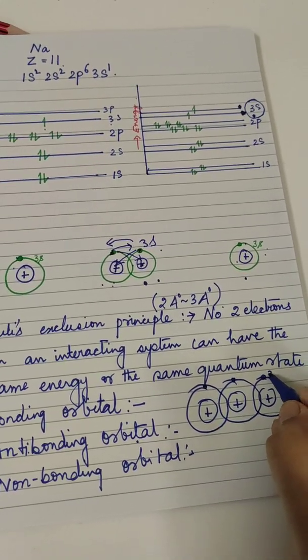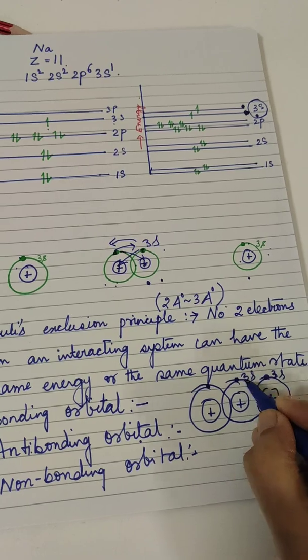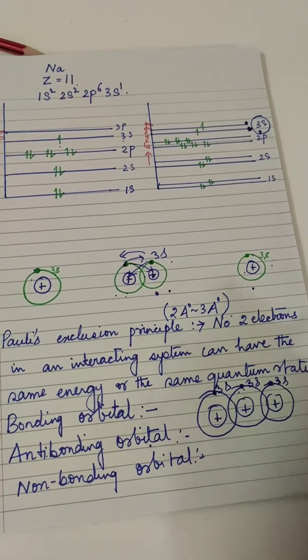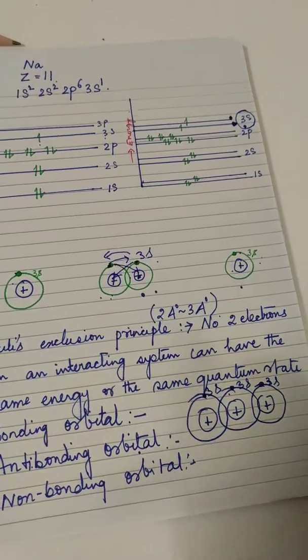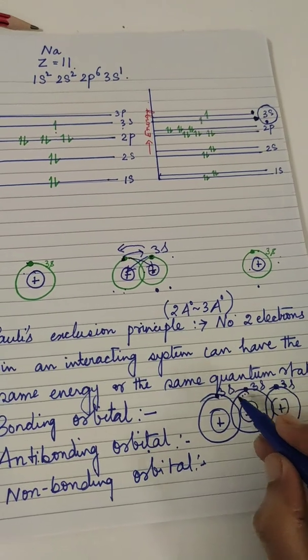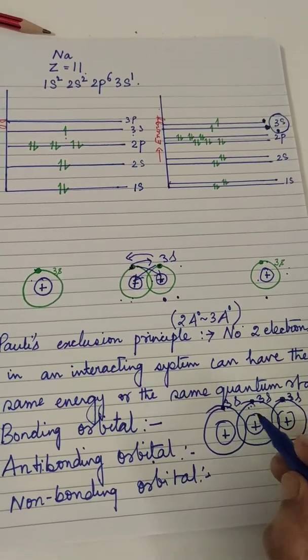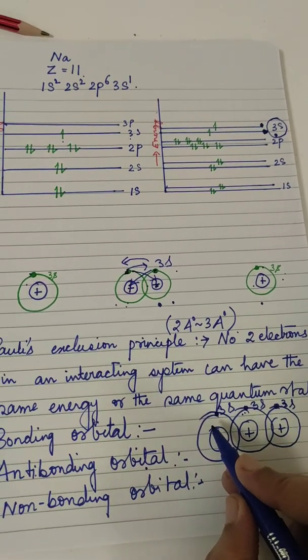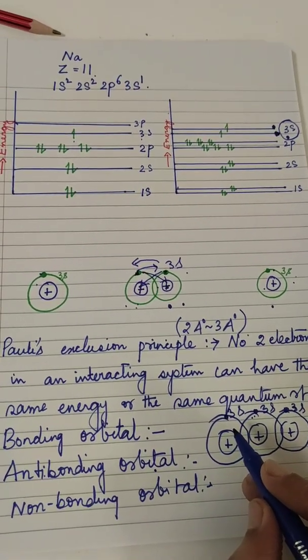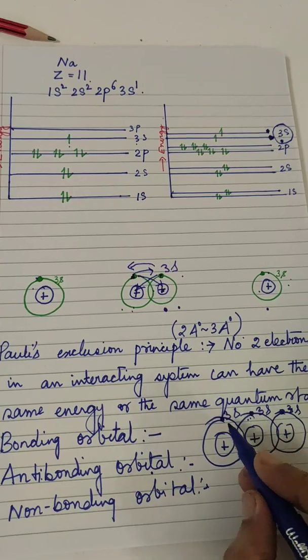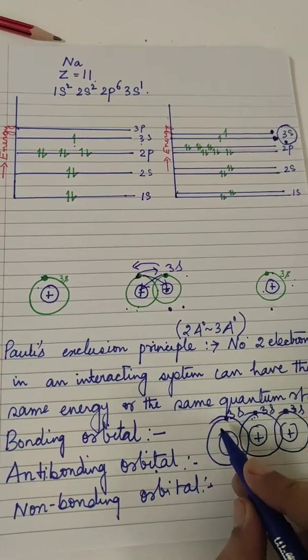The atomic orbitals will overlap to give a molecular orbital, so the 3s molecular orbital will consist of three energy levels.